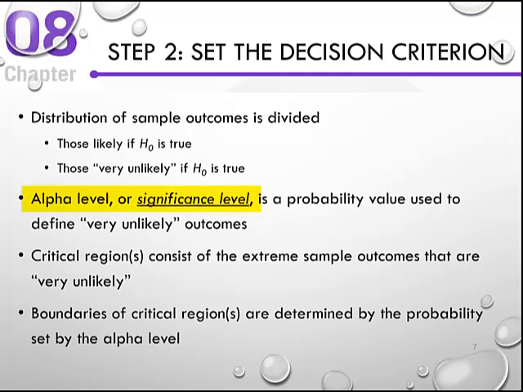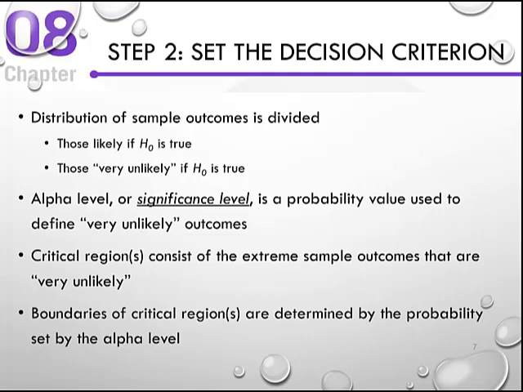Our sample has to produce data to a specific significance level that we're going to call the alpha level that we determined beforehand, to which we compare what our sample data shows. We have to see if our results are within a critical region, falling within the extremes that are very unlikely. And the boundaries of these critical regions are determined by the probability set by the alpha level.